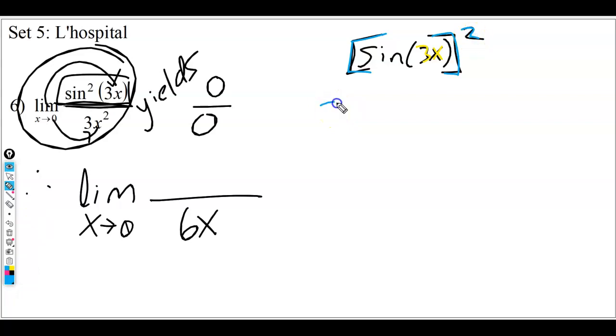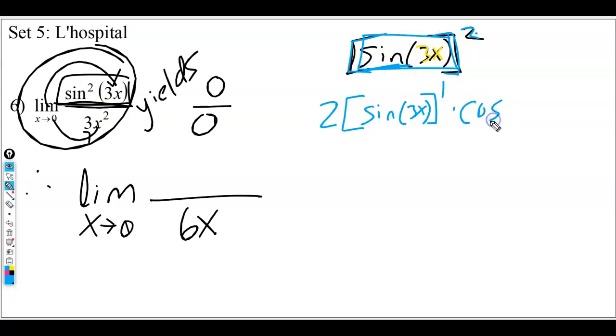So move 2 to the front. Don't change the inside. Take 1 off the power times the derivative of the next one, which is the egg whites. So the derivative of sine is cosine. Don't change its inside. Times the derivative of the yolk, 3.